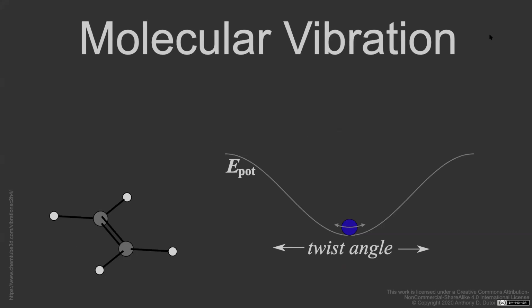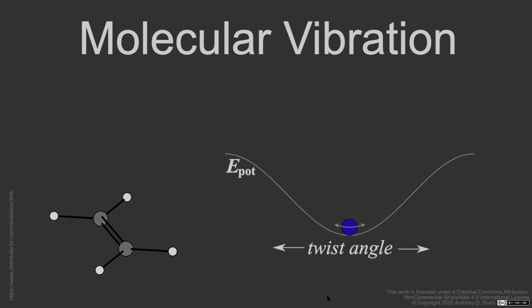So here we have a potential energy hill, or well, so to speak. But the coordinate down here is no longer just the coordinate of something moving back and forth across the plane of a page. It's a twist angle for this molecule. So while in our heads we're imagining a ball rolling back and forth in the bottom of this well, the back and forth motion actually maps onto the twist angle of this molecule.